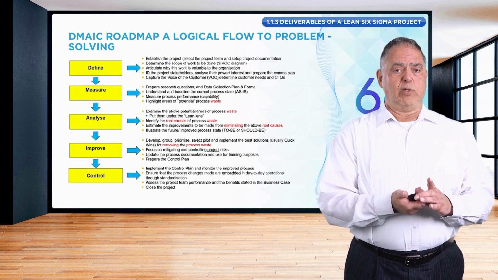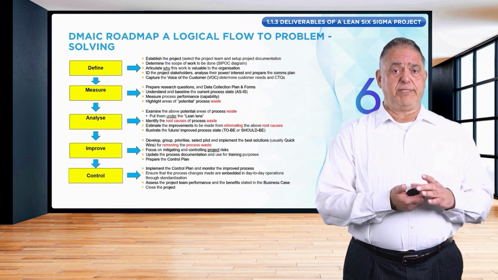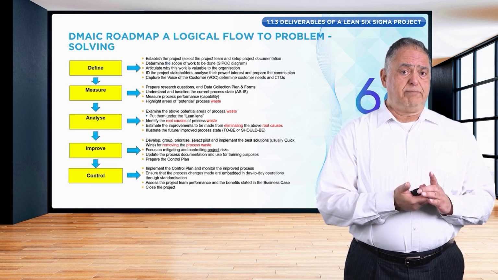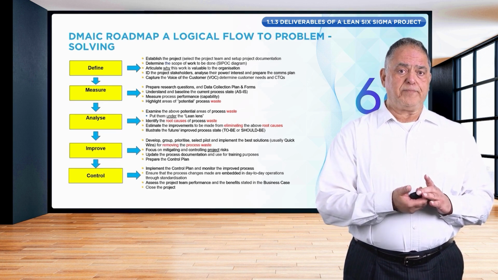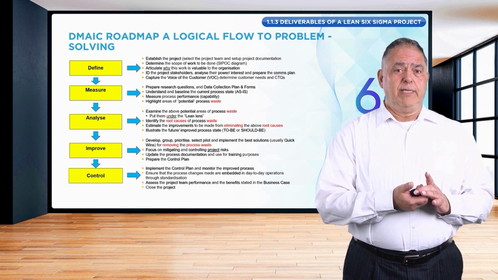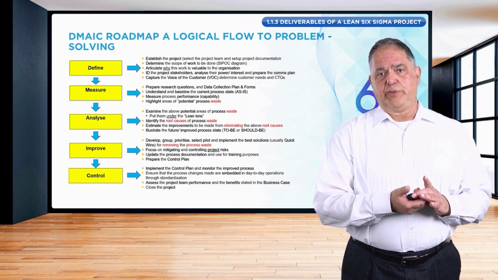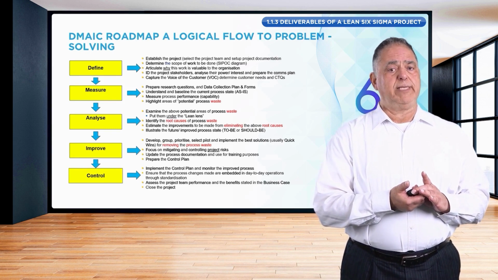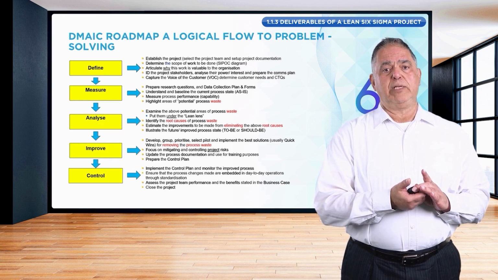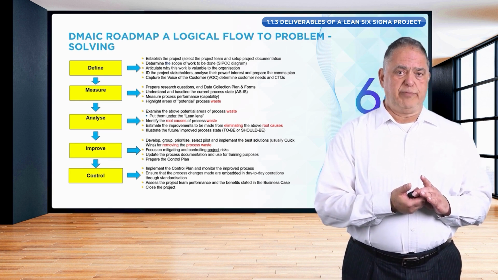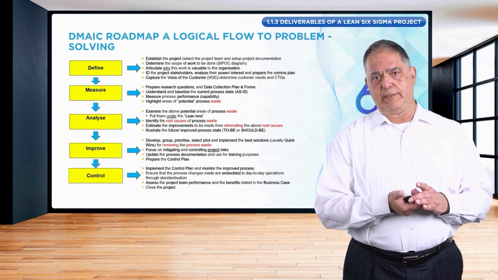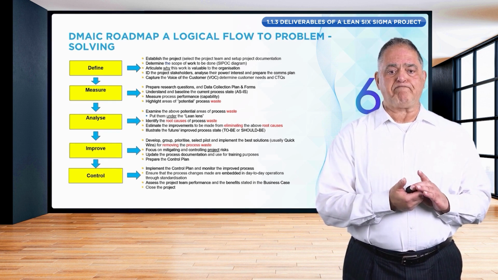And once we have achieved this, the final step is to implement the change in the process. We pilot and implement using the PDCA cycle: plan, do, check, and act. And this is a continuous improvement model that we're going to explain a little bit later in our course.